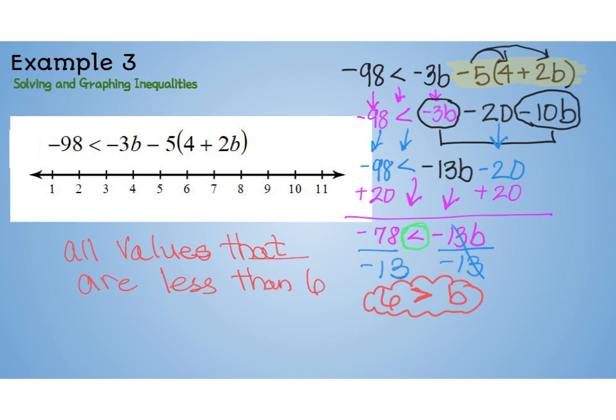So I'm going to locate 6 on my number line, which is right here. And I know that it's going to be an open circle because 6 is not included. And values that are less than 6 are going to be to my left. Oops. And that's it. That is how you solve multi-step linear inequalities.